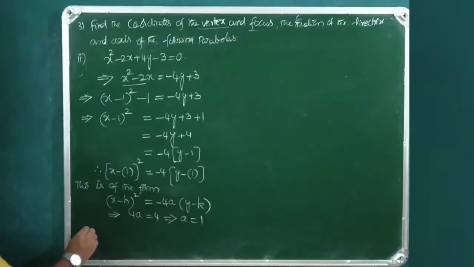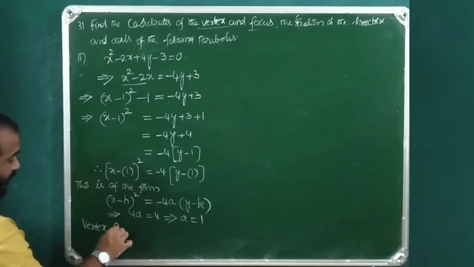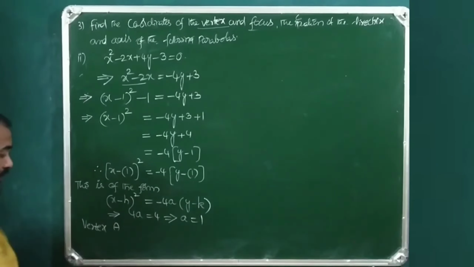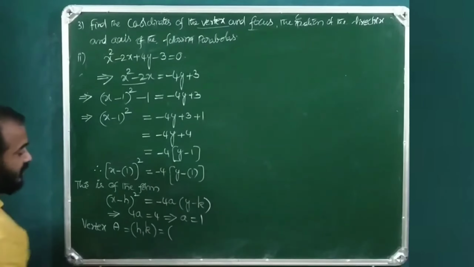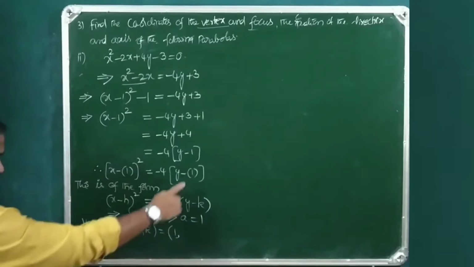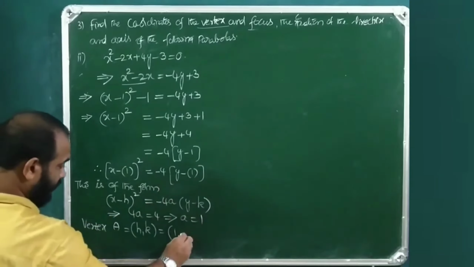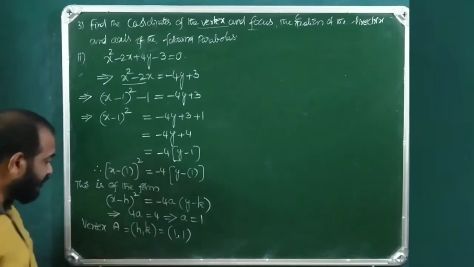And so, the vertex is denoted by the letter A. A is equal to h comma k. So, here h is 1, k is 1. h comma k are 1 comma 1.